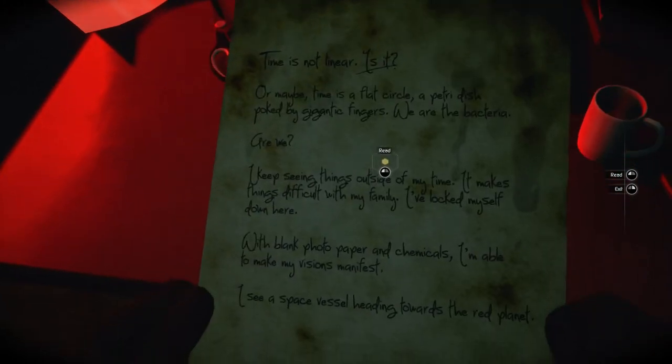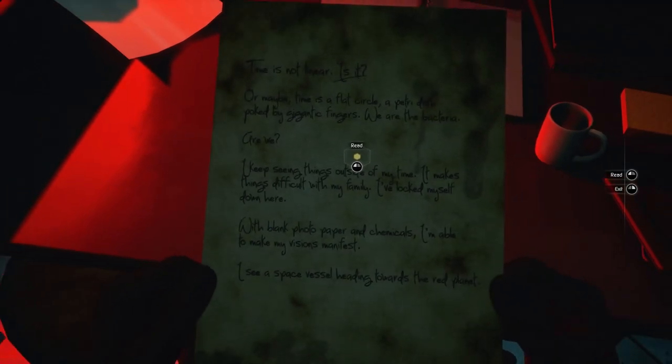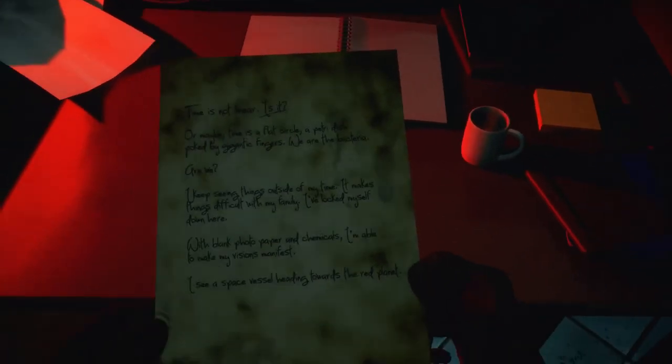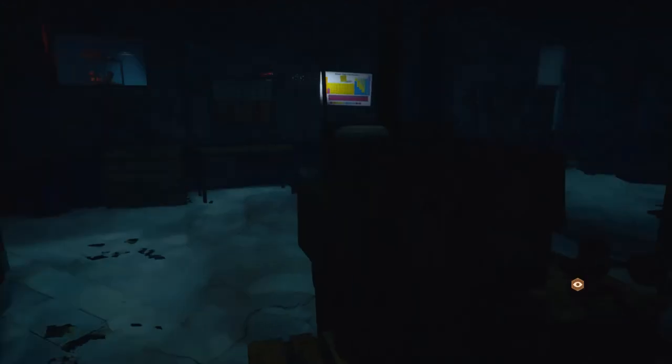So I guess this is about the protagonist's mother, because she was a scientist. I guess she has foreseen the mission to Mars, even down to the details of the company that's going to undertake it.